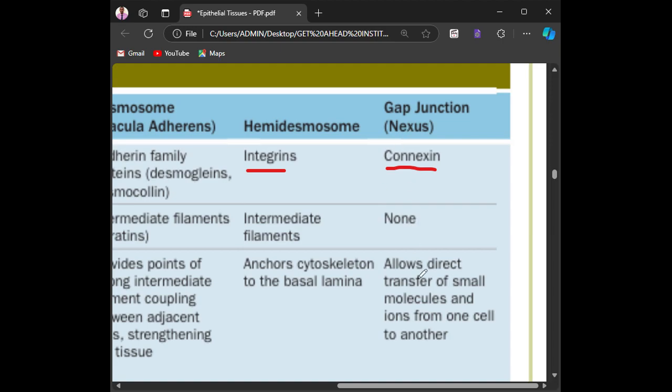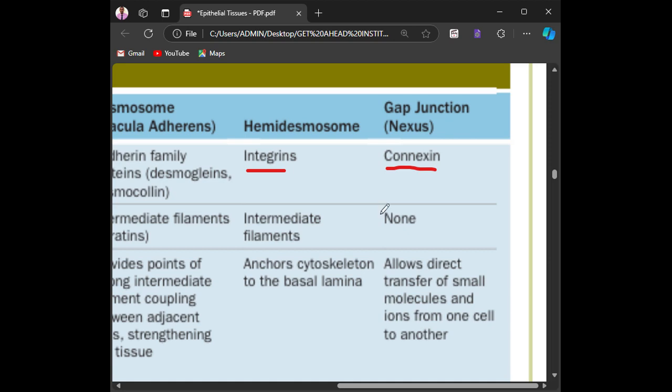Their major function is that they allow direct transfer of small molecules and ions from one cell to another. Remember we said that one of the functions of cell junctions is to provide channels for ionic and metabolic coupling. The gap junction provides channels for ionic and metabolic coupling and transfer of small molecules from one cell to another.